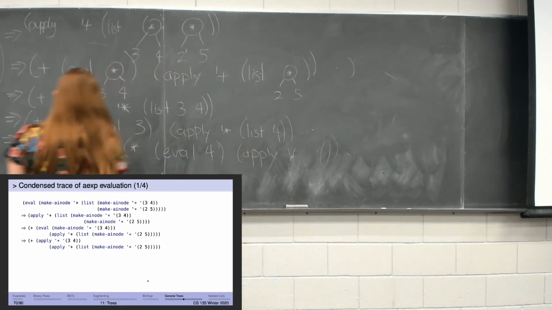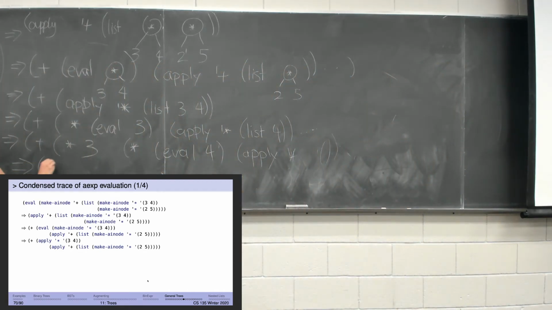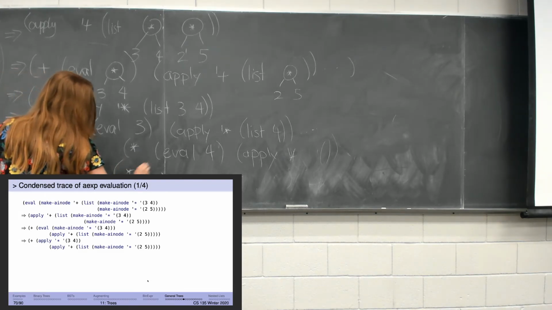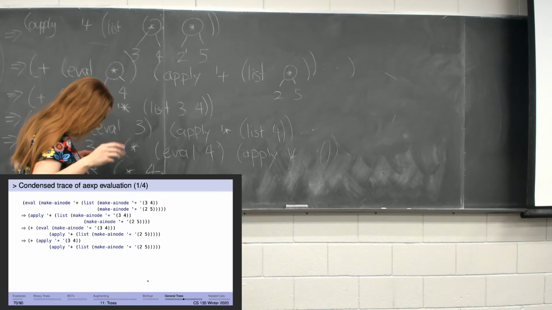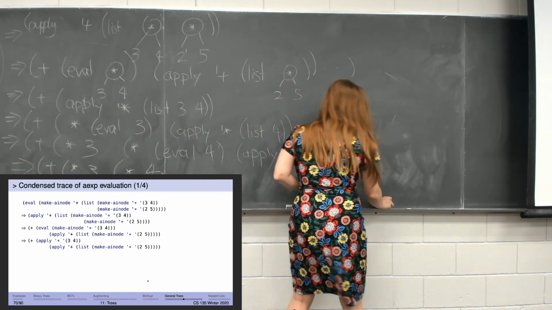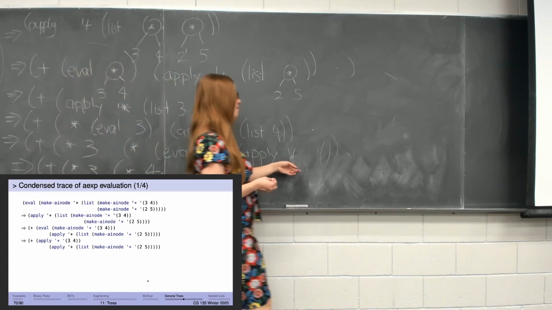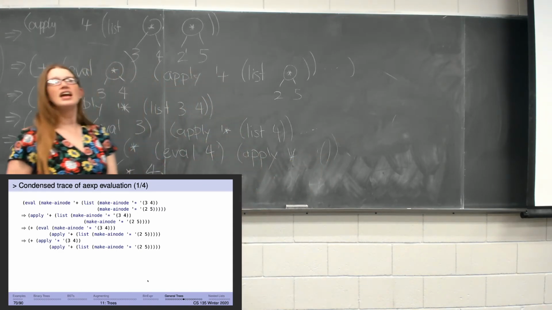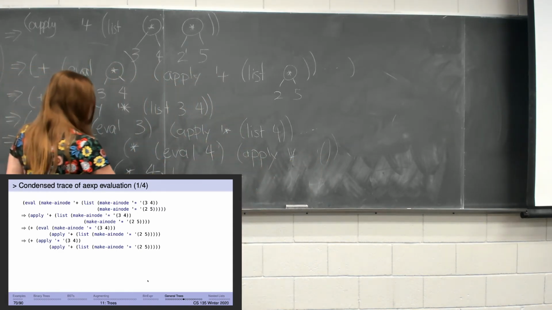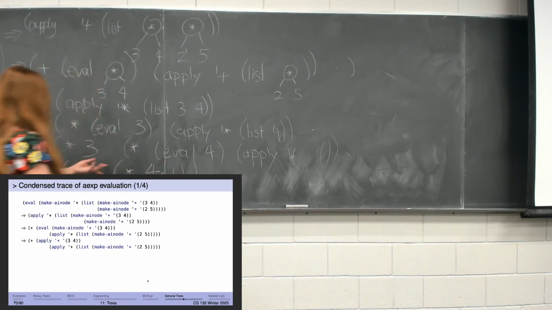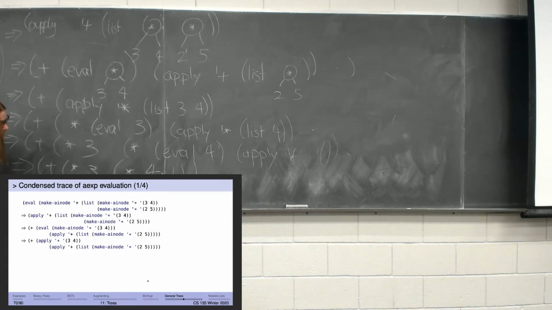This is going to give us 4. I threw the chalk. That's funny. And then when I call apply on multiply with an empty list, it's going to give me 1. And so that first argument is finally going to end up as plus 12.